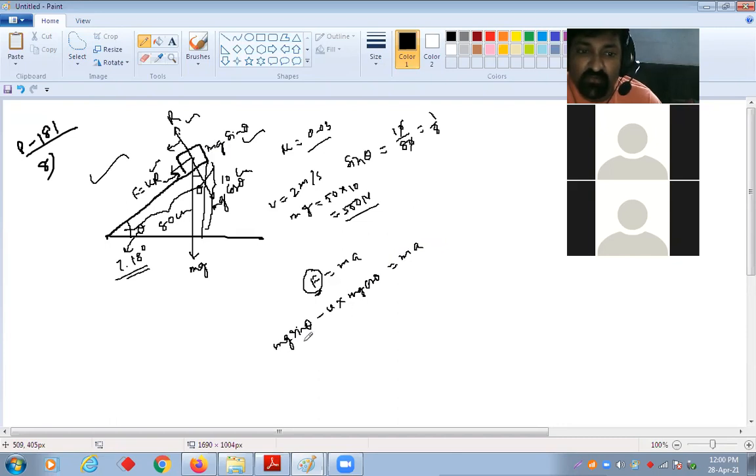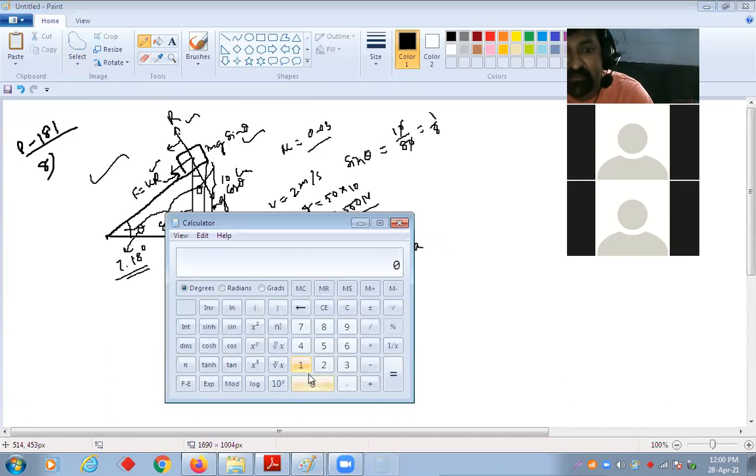So theta value we already got, 7.18. Now you find mg, which is 500. Now you find what is mg sin theta. So 500 into sin of 7.18 degrees. The value of sine, how much?